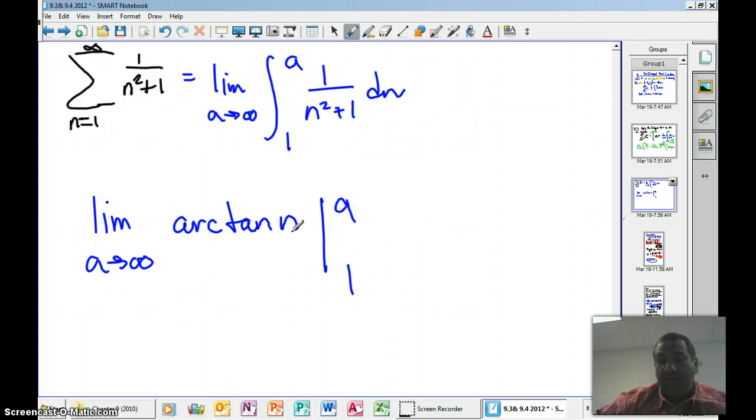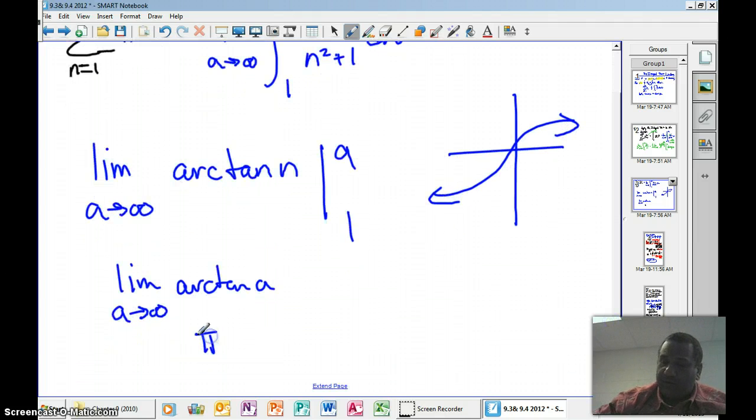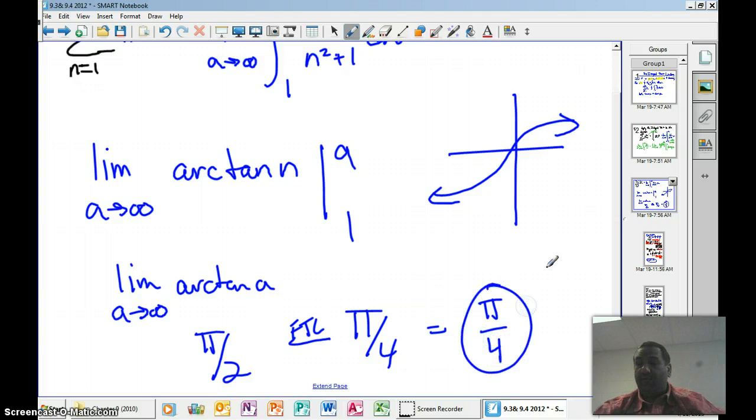When I go to infinity, the limit as a goes to infinity of arctan of a, if you remember the graph, arctan approaches pi over 2. The arctan of 1 is pi over 4. So you subtract them by the fundamental theorem of calculus, and you get pi over 4 as your answer. So that one does converge.